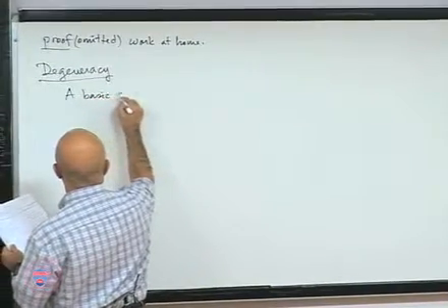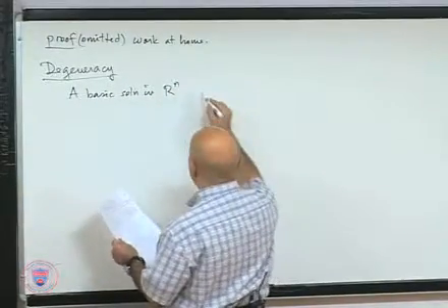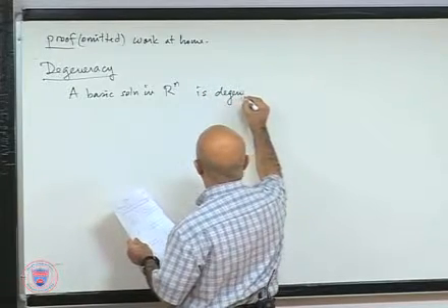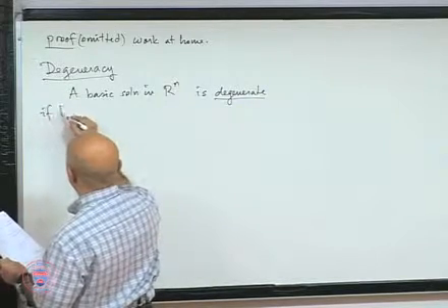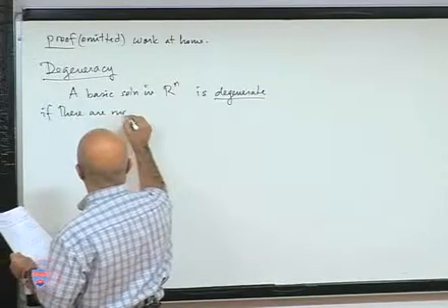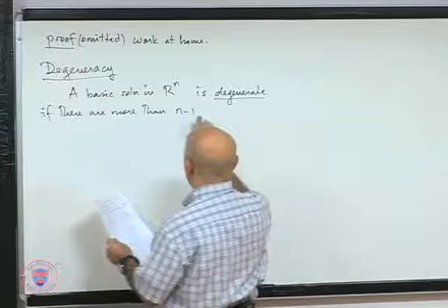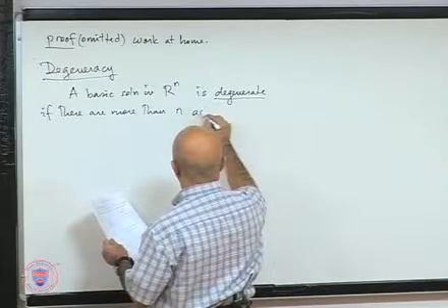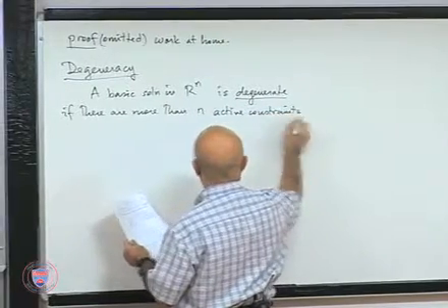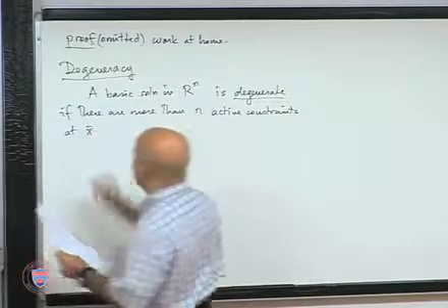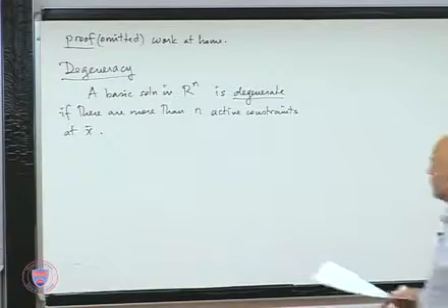A basic solution in Rn is degenerate if there are more than n active constraints at that point. Of course, we're defining it relative to a polyhedral set.